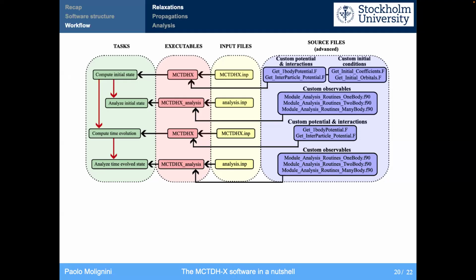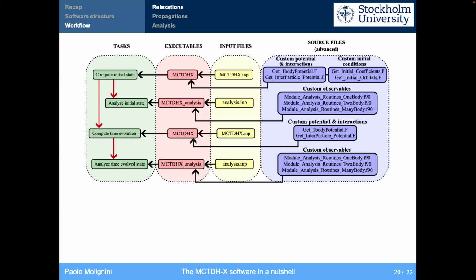And typically the task is to first compute an initial state. Let's say you want to do dynamics, right? Like we said, you first compute an initial state within a relaxation, or with the custom initial states, which is here, initial conditions. Then you can optionally analyze the initial state already to see whether it's correlated like I wanted, or if it's localized in the wells like I wanted, or something.